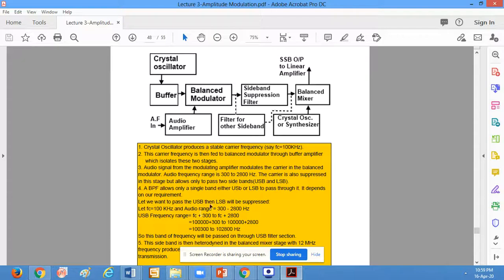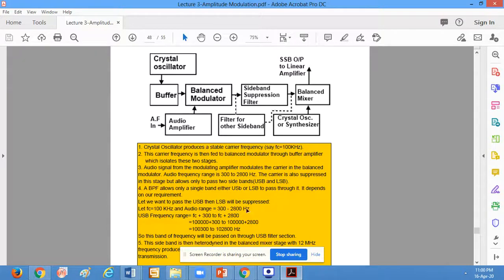The audio frequency range is 300 to 2800 hertz that we normally speak. So the upper sideband frequency range will be FC plus 300 to FC plus 2800. That becomes 100,300 to 102,800 hertz. This is the band of frequency that will be passed through the USB filter.